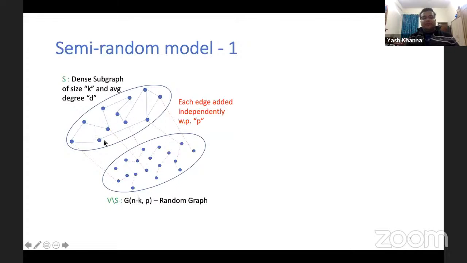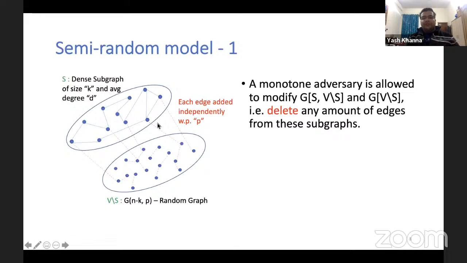So you plant this subgraph S, and now what do you want to do with it? A monotone adversary is allowed to modify anything but S. So you cannot remove the edges inside S, but any edges on the boundary of S or outside, within V minus S, a monotone adversary is allowed to remove.